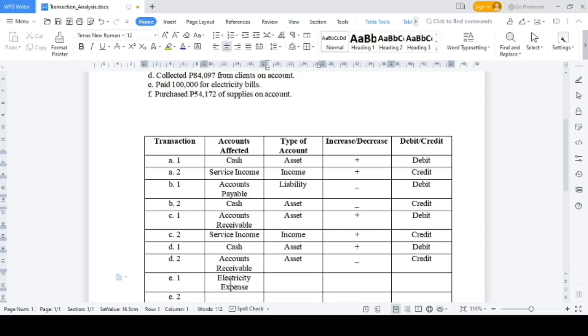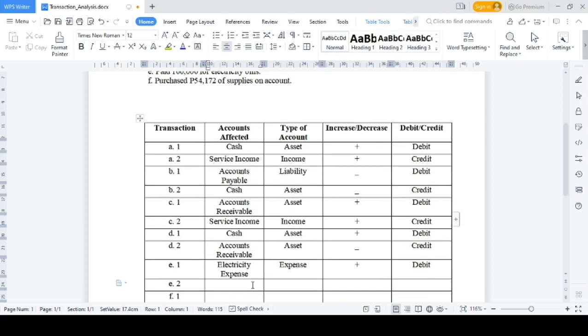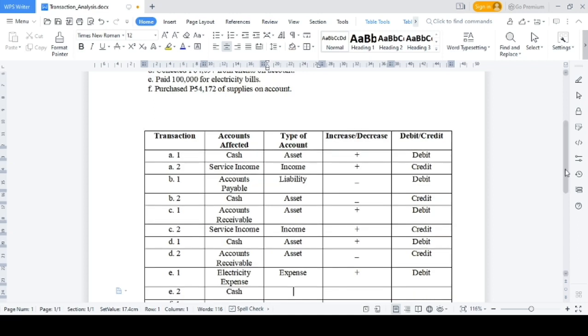It is an expense account, which is increase. The normal balance of an expense account is also debit. So this is debit. The second account affected is cash. Since they paid in cash, meaning their cash decreased. The cash is an asset account. It decreased, so credit.